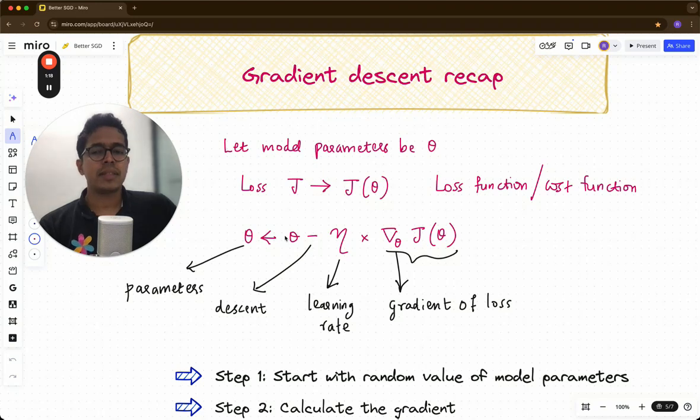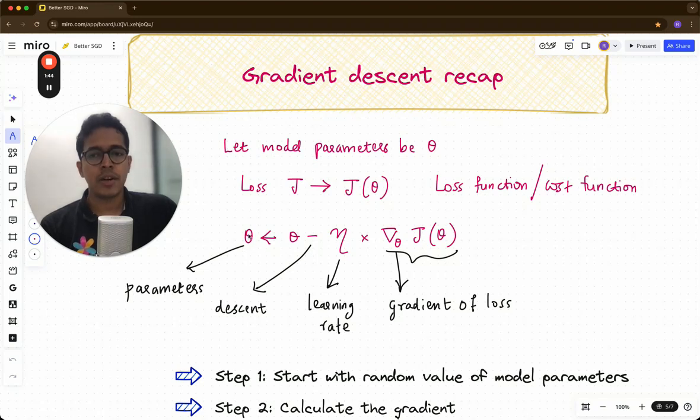What you are essentially trying to do is find the slope and intercept, or find the theta, which minimizes your loss. So how do you find this theta which minimizes your loss? You move along a landscape, which is the J of theta function, such that you are reaching a global minimum, ideally a global minimum of the J of theta function. This is the equation which performs one step of gradient descent.